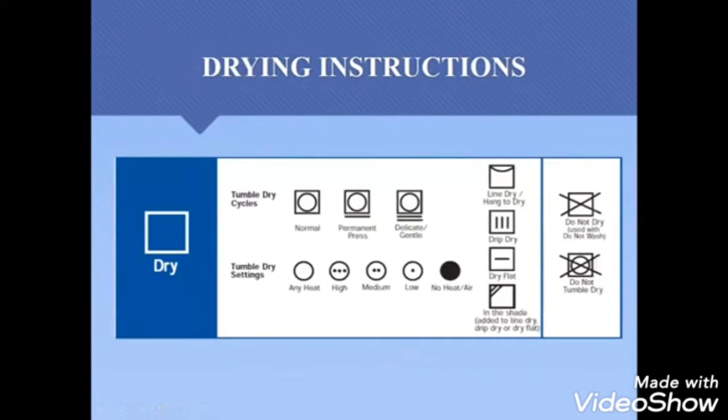Next, drying. Drying is basically done to remove the moisture which is contained in the garment after it is washed. Drying instructions include the method and temperature. The drying method for apparel is tumble dry cycle. Tumble drying will vary from normal fabric, permanent press, and for delicate or gentle fabrics.